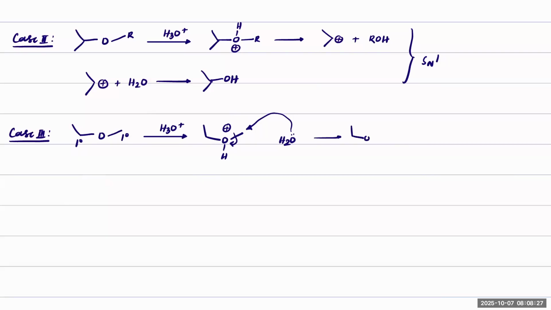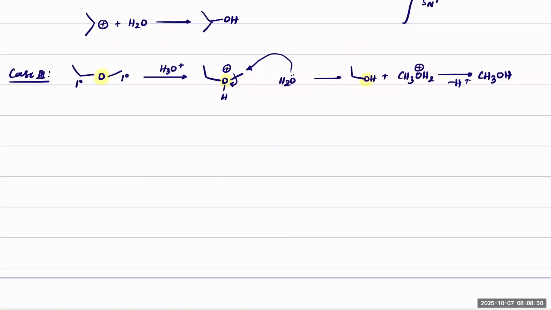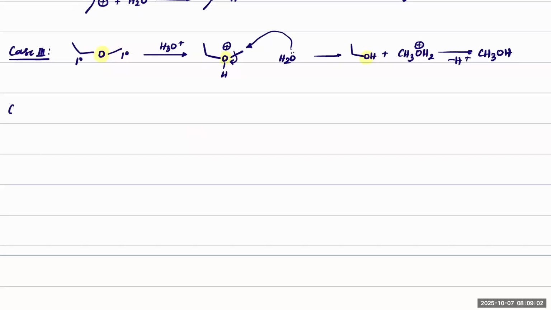So you'll get an alcohol here and CH3OH2 plus here, which will lose H plus and convert into CH3OH. Now, the oxygen we are talking about will always be carried away with this one. So this is the primary group. Remember, if it is primary, it will go like this, son. Clear?